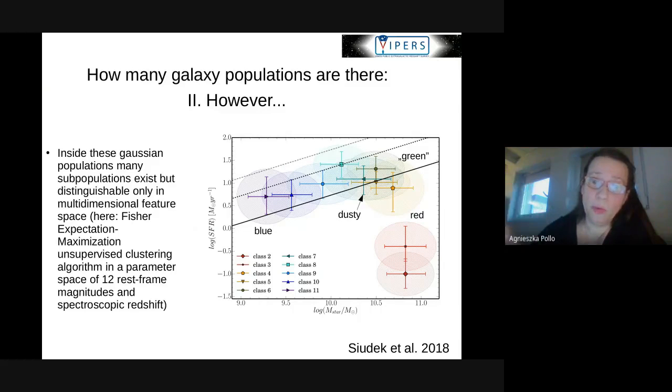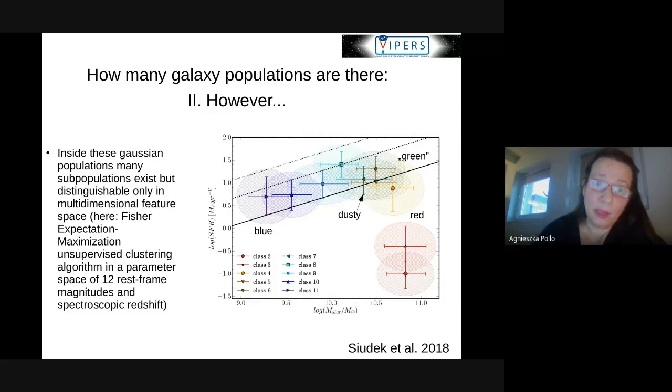If we want to really go into detail, we need a much more sophisticated tool than just one set of colors, one color plot, or two sets of properties to make just a simple two-dimensional plot.